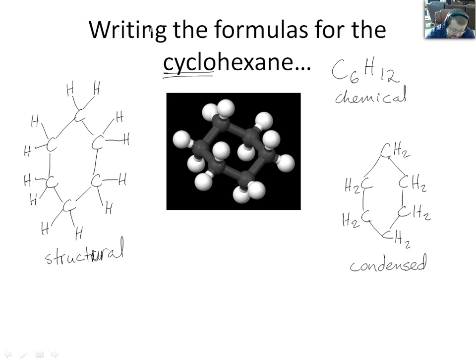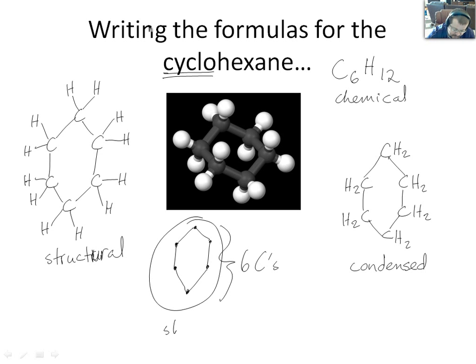We've got 6 carbons that are in a ring, so I'm going to start here. I'm going to go 1 to 2, here's my second carbon, to 3, to 4, to 5, to 6, and then I'm going to close off my structure there. 6 carbons. So this would be my skeletal structure.